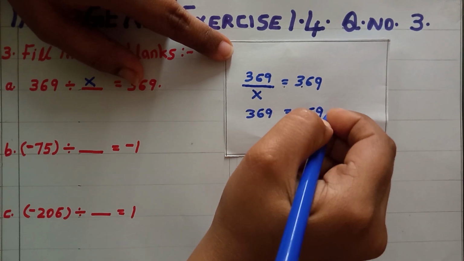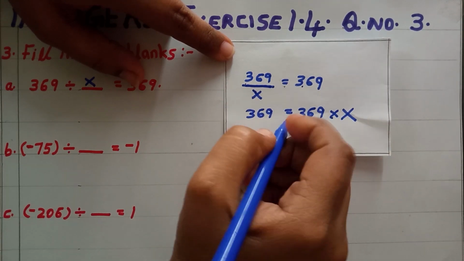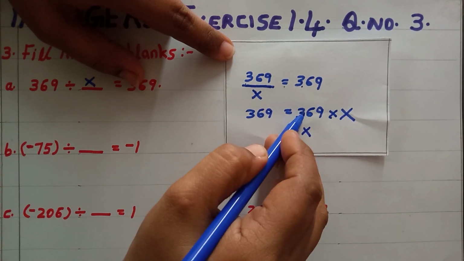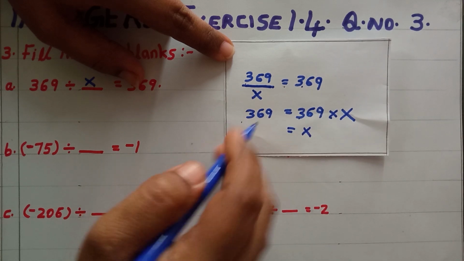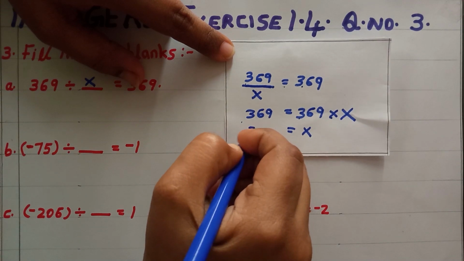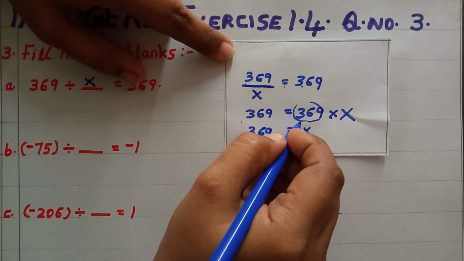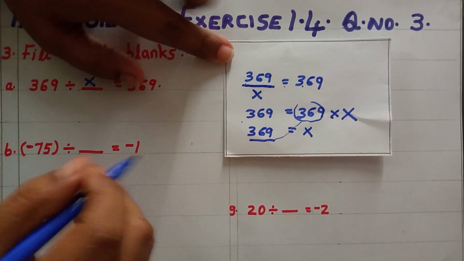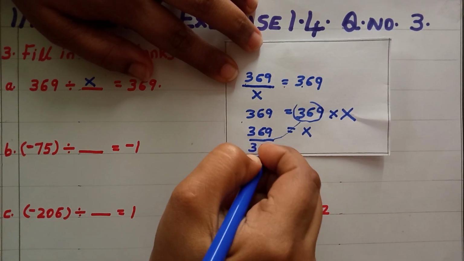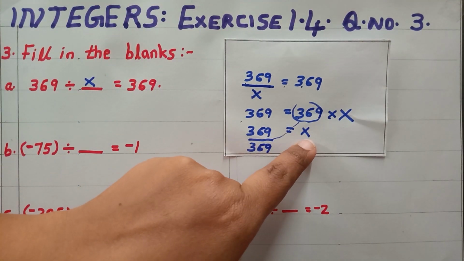Then this guest is coming as multiplication sign. Then keep this x here itself and take this 369 to this side. Now here this 369 is the host. Then this 369 is coming to this side. Then this multiplication will change into division. So 369 divided by 369 will give us the value of x.